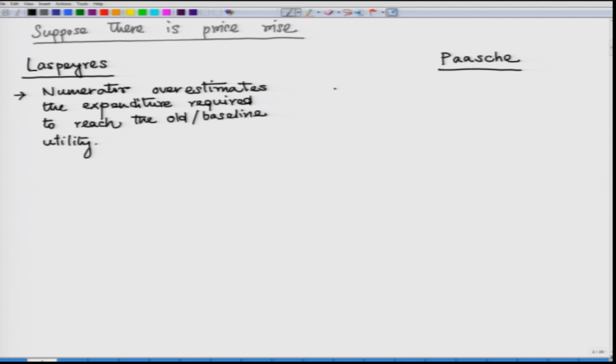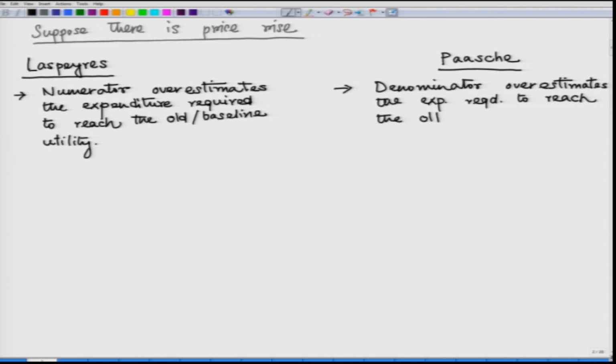Whereas, in the case of Paasche, the denominator overestimates the expenditure required to reach the old or baseline utility.